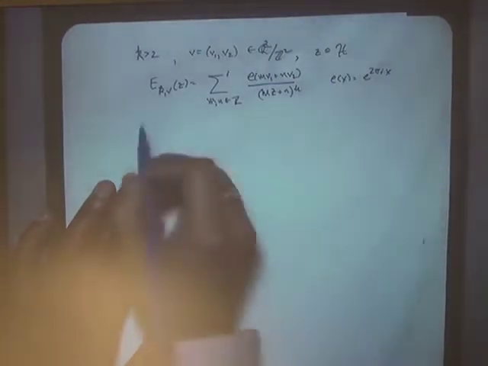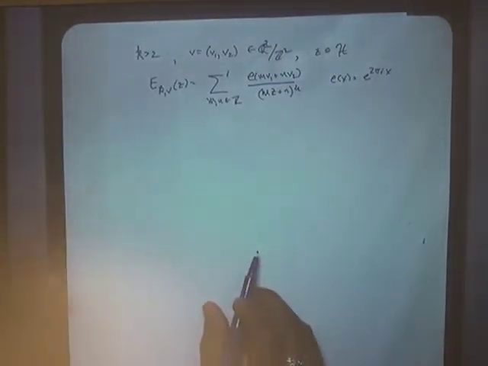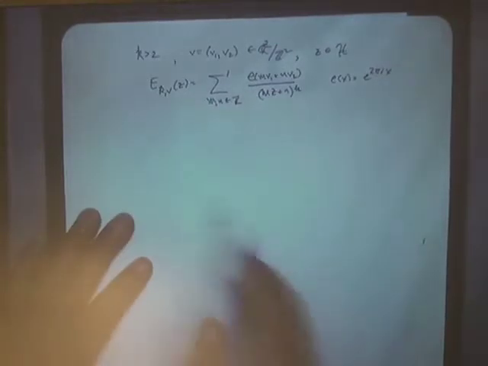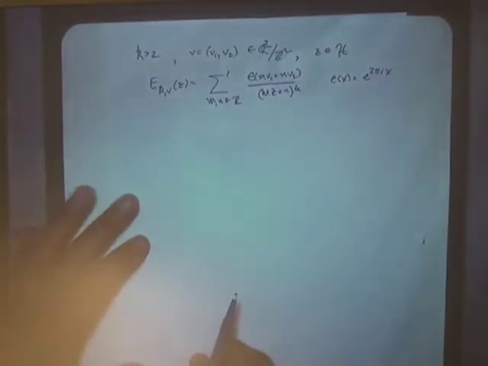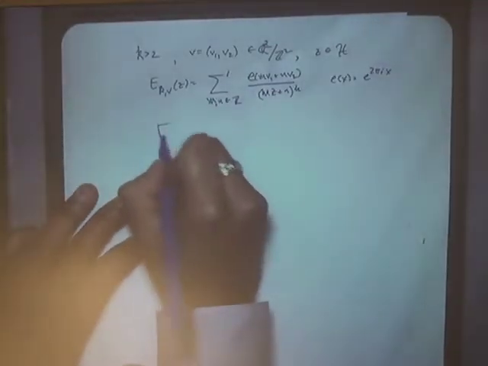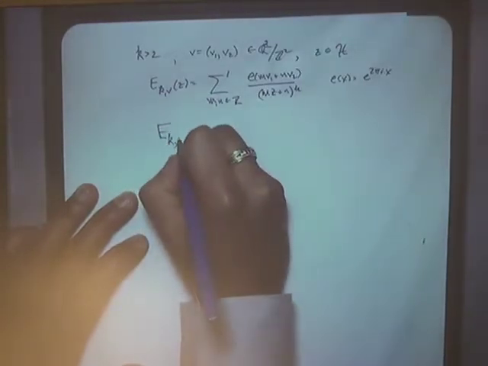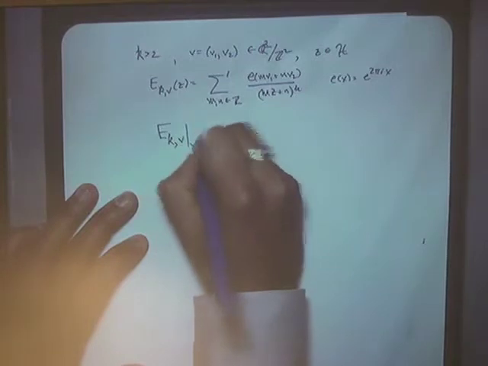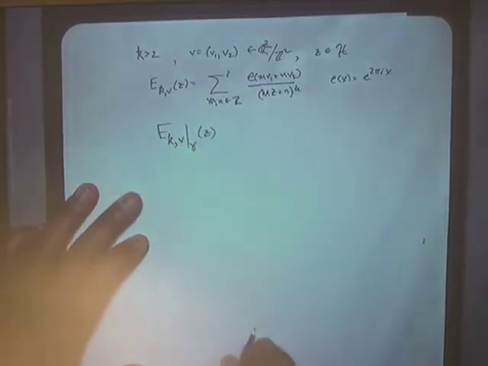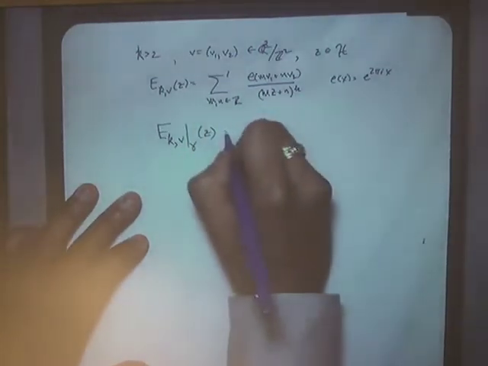Okay, so now this series converges absolutely because I've assumed that k is greater than 2. And so it's easy to check, just by plugging into the formula and doing a change of variables, that if you do the weight k slash operation with a matrix in SL2(Z), so how's this defined?